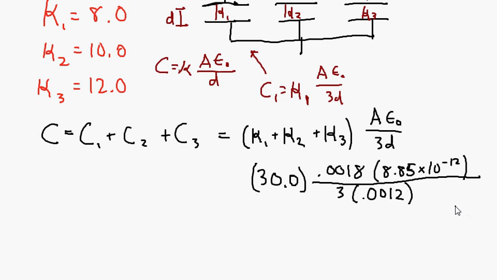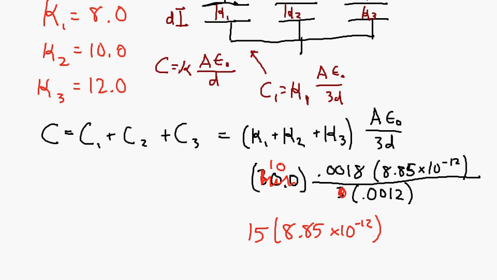Really what it's going to end up being is, let's see, we can do this pretty fast. Turn this 30 into 10 and get rid of the 3, and then 0.0018 divided by 0.0012 is 1.5. So this is going to be 15 times 8.85 times 10 to the minus 12.